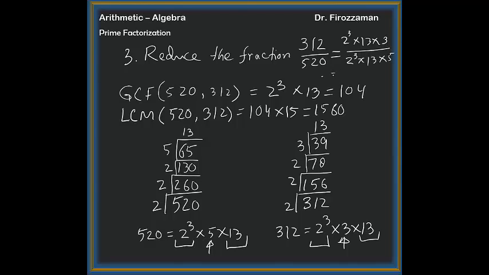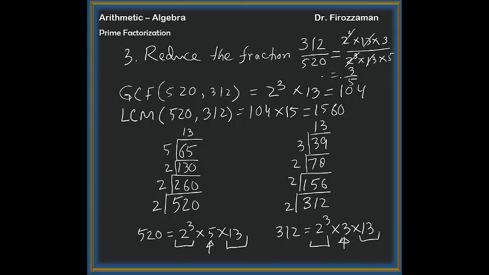Now you can see that 2 to the 3, 2 to the 3, 13, 13 cancel out. You end up with 3 over 5. So basically when you reduce the fraction, you are actually cancelling the GCF, which is 104, from the numerator and denominator, and the remaining 3 over 5 is your final reduced form of the fraction.